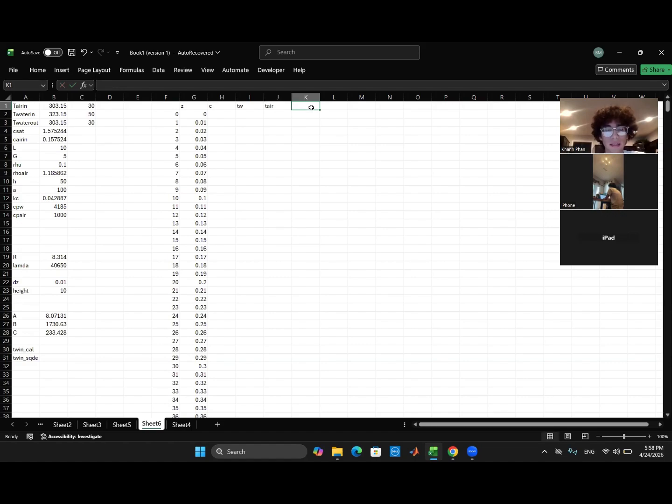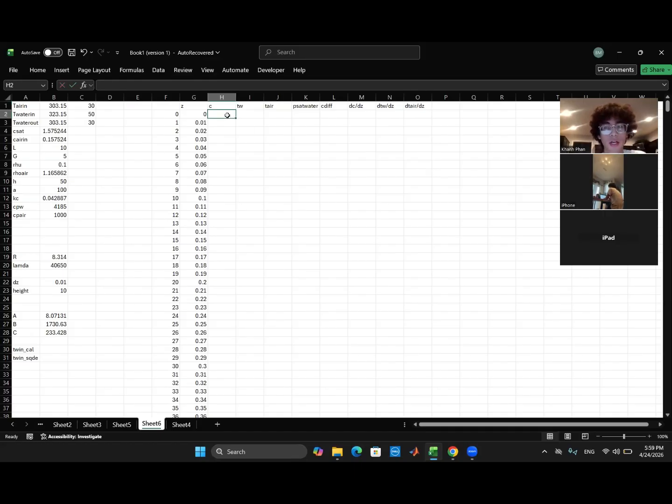T air, and then C diff, and then P sat of water. C difference concentration, and then DC DZ, DT water DZ, and then DT air over DZ.